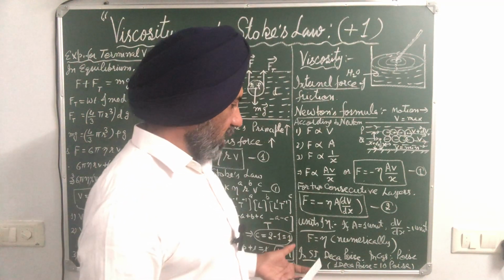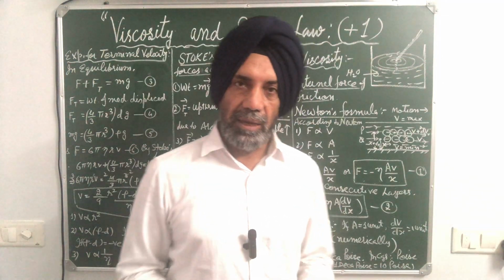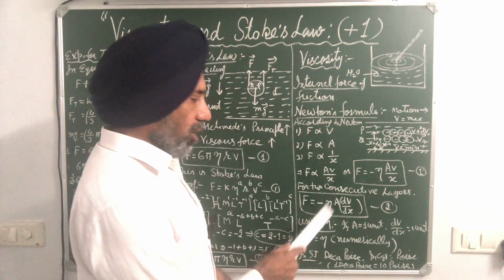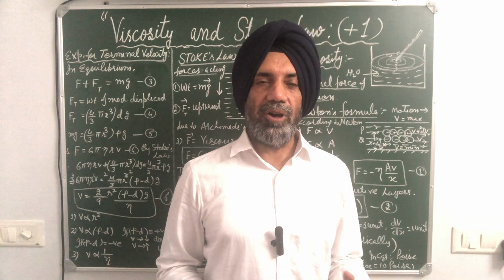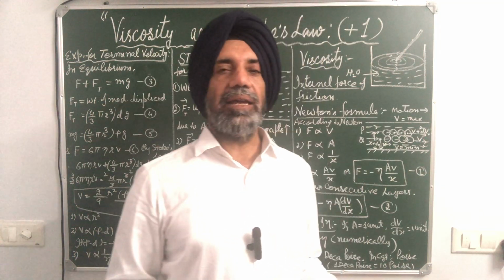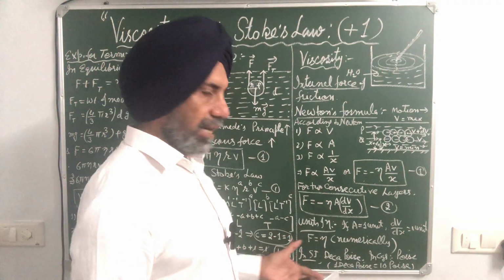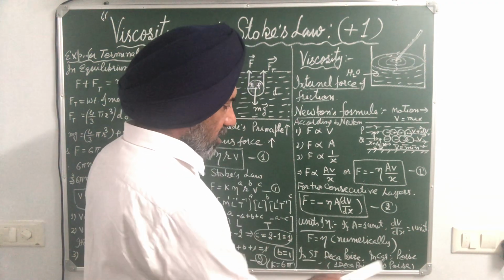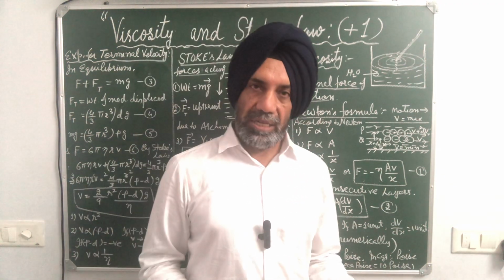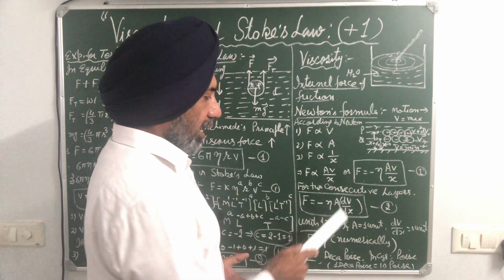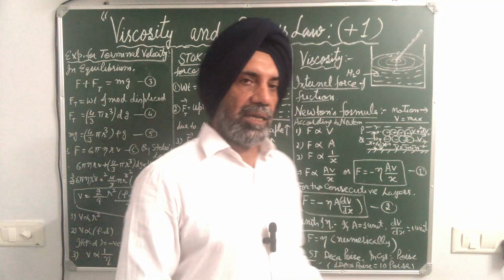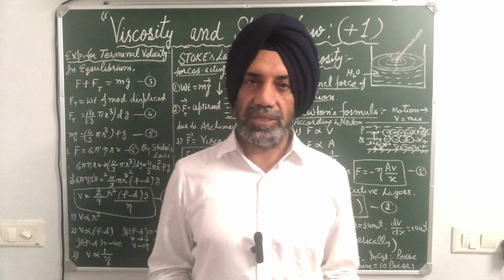So viscosity is said to be 1 decapoise when a tangential force of 1 Newton per meter square is required to maintain a velocity gradient of 1 second inverse between two consecutive layers. In CGS system, the unit is poise. So when F is 1 dyne, A is 1 centimeter square, and dv/dx is again 1 second inverse.